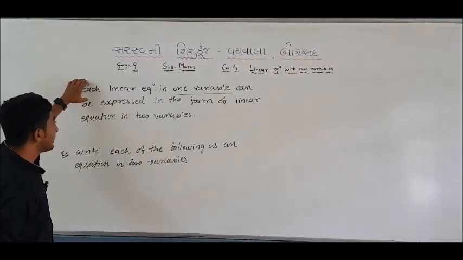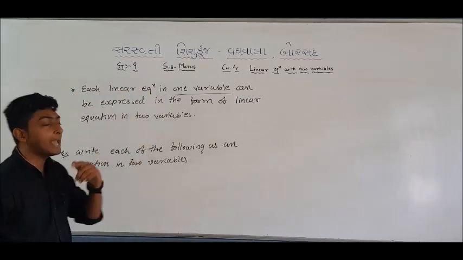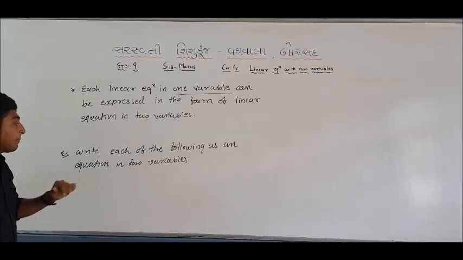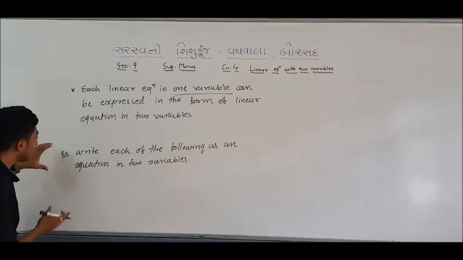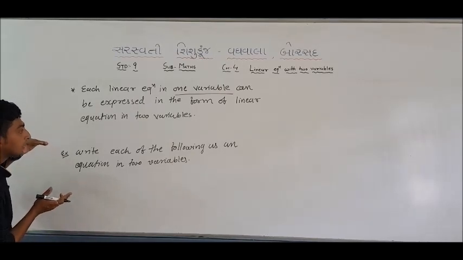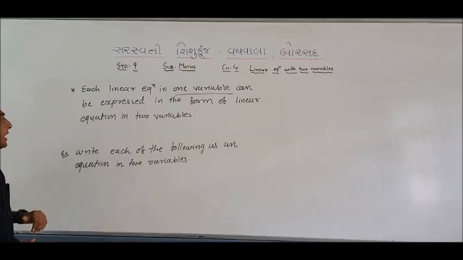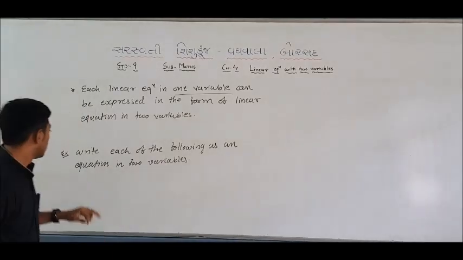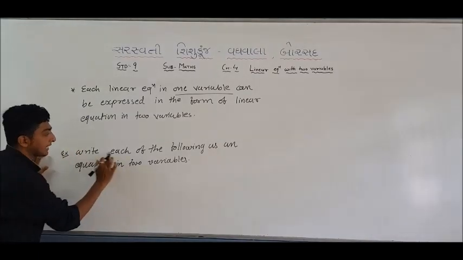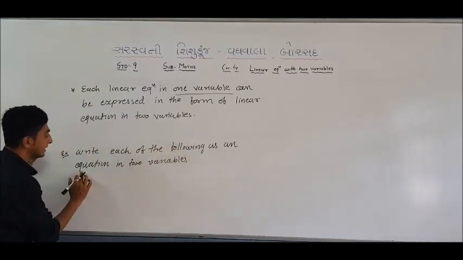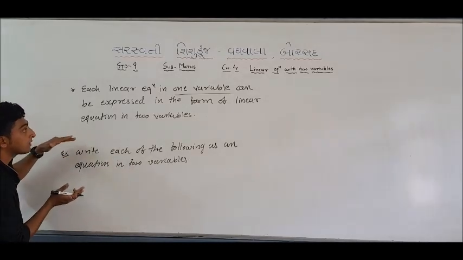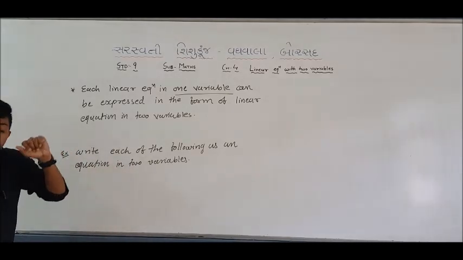Remember friends, each linear equation in one variable can be expressed in the form of a linear equation in two variables. Let us see how to get the form of a linear equation in two variables when a linear equation in one variable is given. The example is: write each of the following as an equation in two variables. That means you are given a linear equation with one variable.